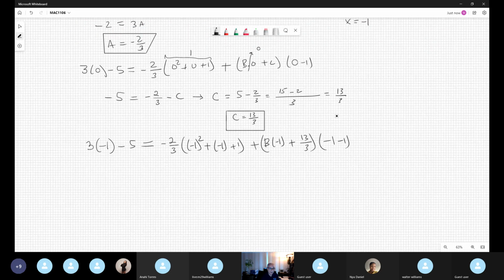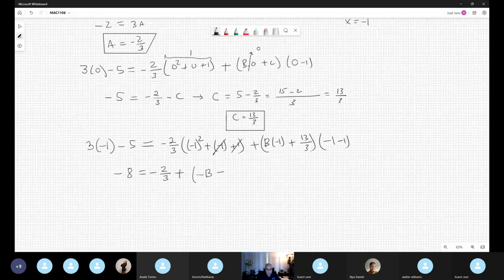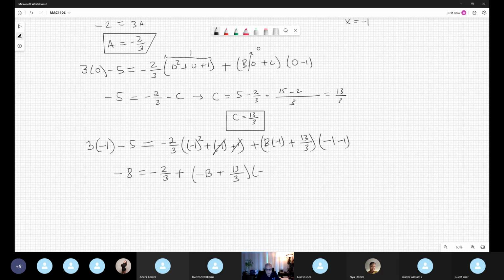Okay. This is negative 3 and negative 5 is negative 8. That part, negative 1 and positive 1 cancel, and negative 1 squared is positive 1, multiplied by negative 2/3 stays negative 2/3. Plus, well, actually it is minus B plus 13 over 3, times negative 2, because negative 1 and negative 1 together is negative 2.